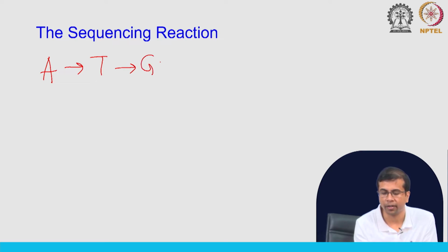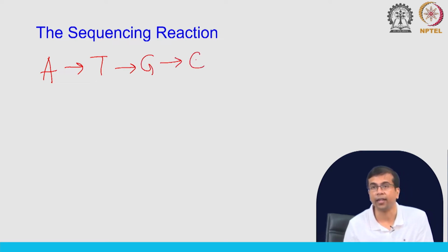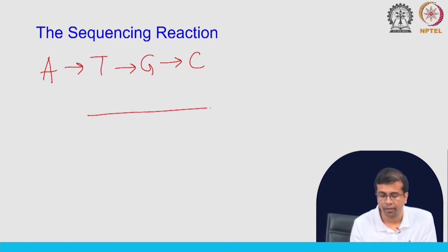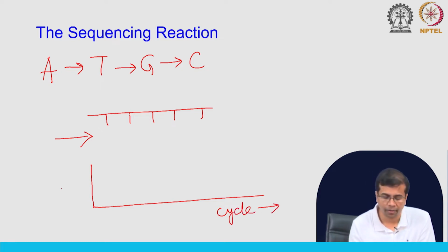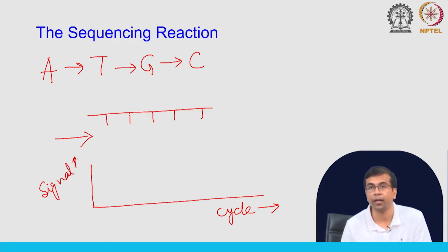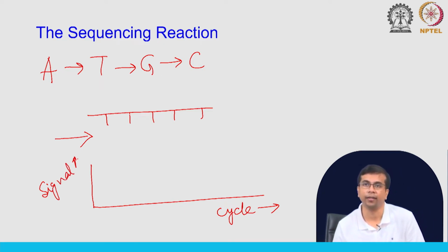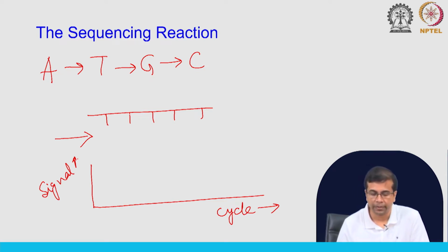So, we are providing A, then T, then G and then C, and we have this DNA strand, and this is the primer, and synthesis is happening, and this is the cycle that is going on. Here is the signal, y axis is the signal. This signal comes from the H plus ion, not light. Here it is H plus ion signal.